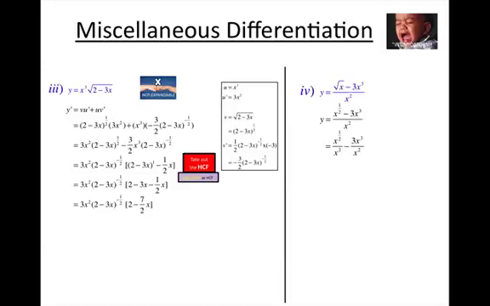Okay, now we just use index laws. So x to the half on x squared, you do a half minus 2, because when you divide things with the same base, you minus the powers. A half minus 2 is negative 1.5, or negative 3 on 2.